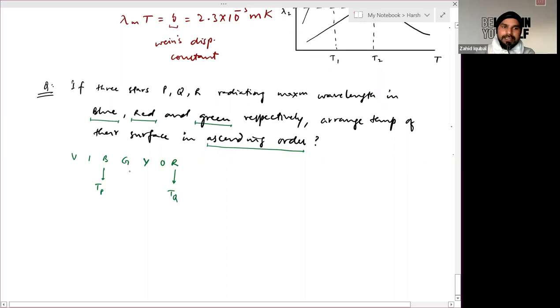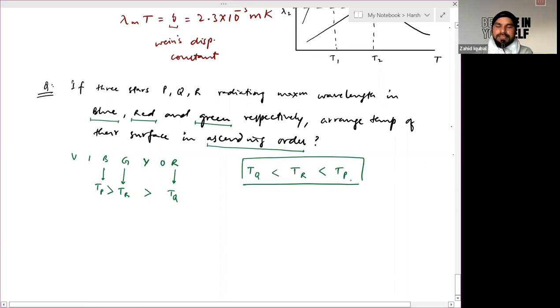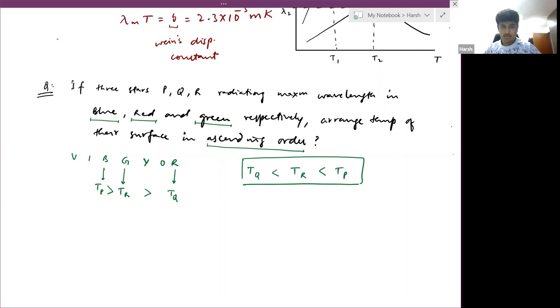And star R is in green color, so this will be TR. Greater the wavelength, the lesser the temperature. So if you have to arrange in ascending order, you will say temperature of Q, temperature of R, and then temperature of P. Is it clear? Yes, sir. Just write it down.